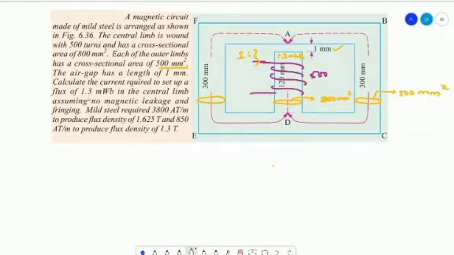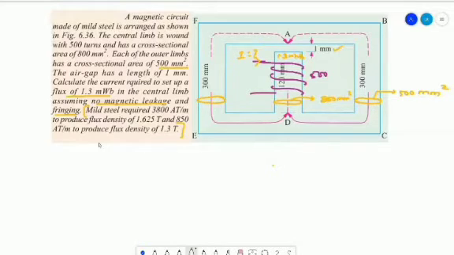Okay, so it is also assumed that there is no magnetic leakage and no fringing. So calculations becomes much more simple. And to know the BH curve or the BH data, some information is available to us. So this information corresponding to 3800 ampere turns per meter, we have a flux density of 1.625 Tesla, and then corresponding to 850 ampere turns per meter, you have a flux density of 1.3 Tesla.